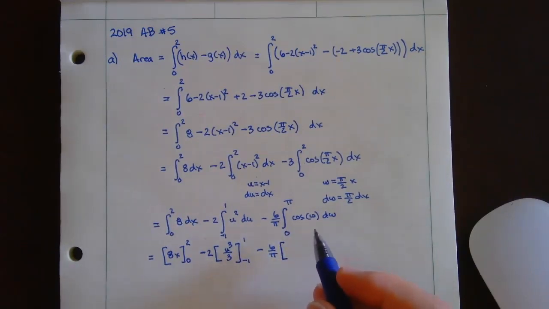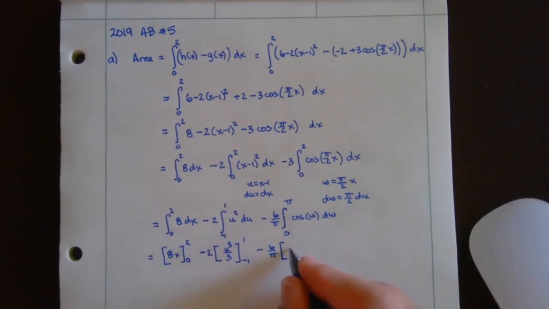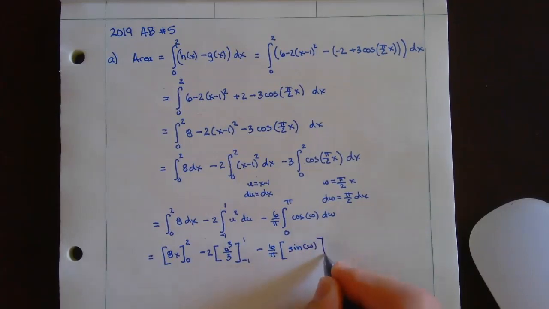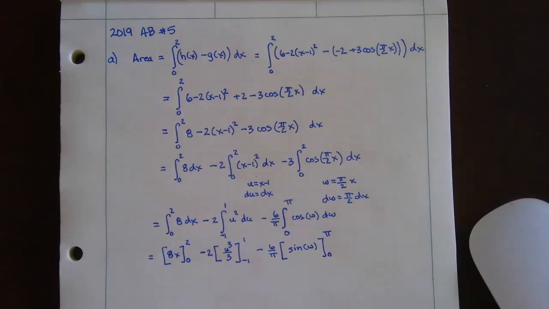Okay, so the derivative of sine is cosine, so the integral of cosine would be sine, so this would be sine of w evaluated from 0 to pi, okay? So this would come out to be 8 times 2 minus 8 times 0.